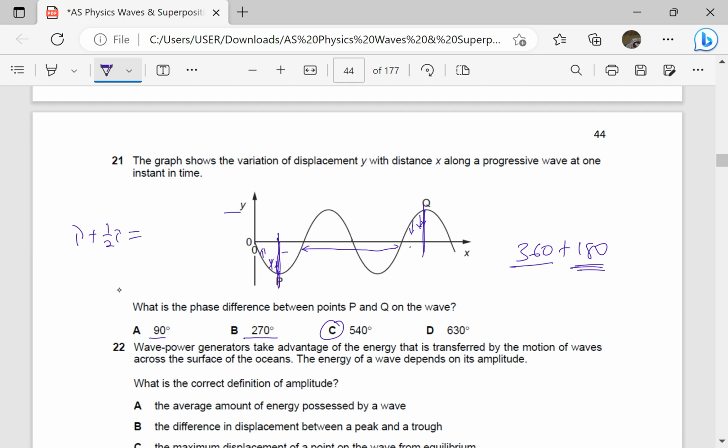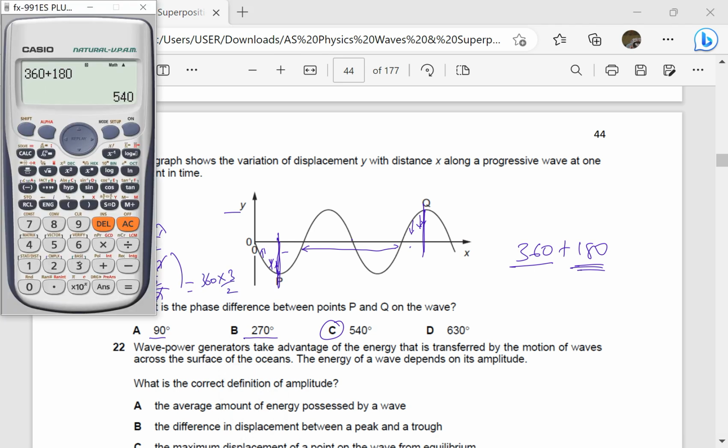That is the distance out of step, which is going to be 3 lambda over 2. So the phase difference is 360 times 3 lambda over 2 divided by lambda. Lambda cancels, so you have 360 times 3 divided by 2, which is 540.